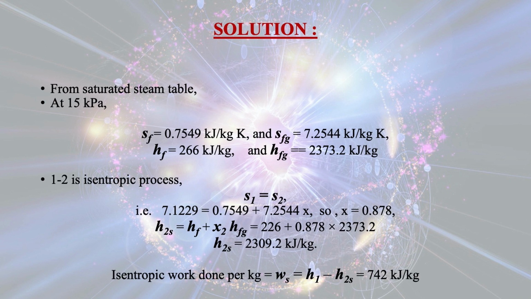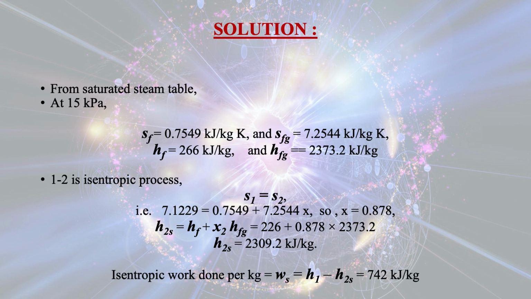Now from saturated steam table at 15 kilopascal, we know SF is equal to 0.7549 kilojoule per kgK, SFG is equal to 7.2544 kilojoule per kgK, HF 266 kilojoule per kg and HFG is equal to 2373.2 kilojoule per kg.